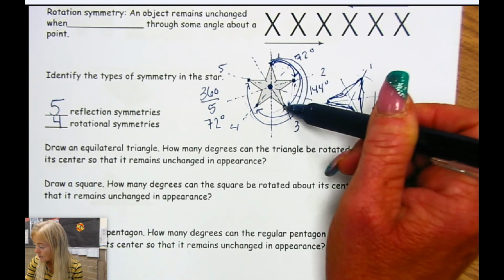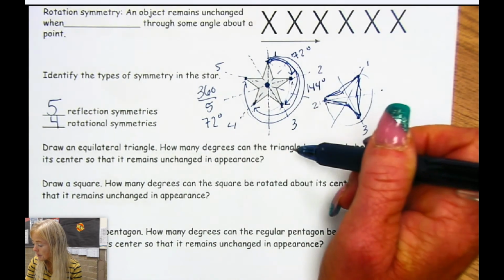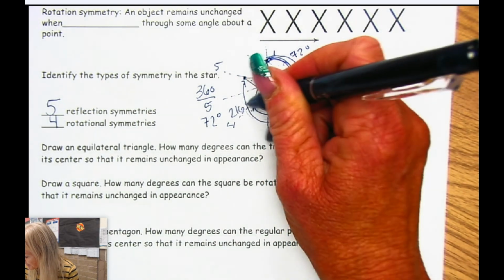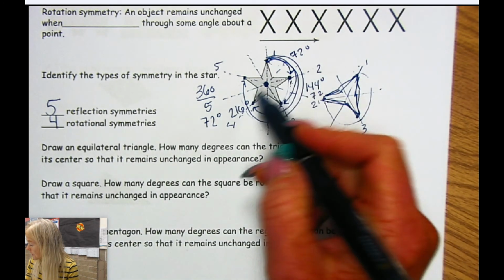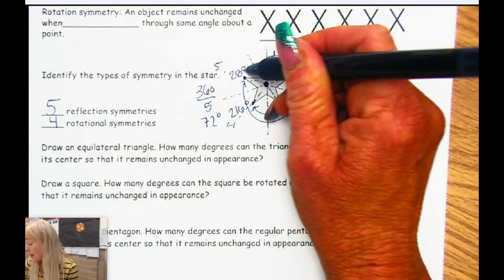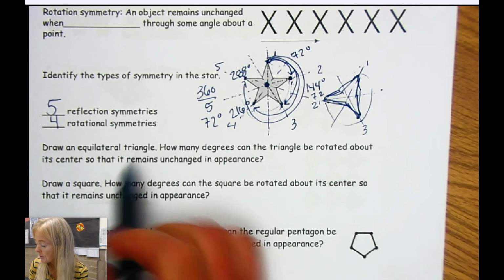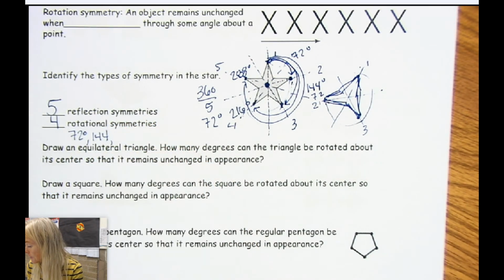And then another 72 to here is what? 144 plus 72 is 216 degrees. And then if I add another 72 degrees, I'll get my last rotation that counts, 288 degrees. So my rotational symmetries would be, in degrees: 72, 144. What did we say next?